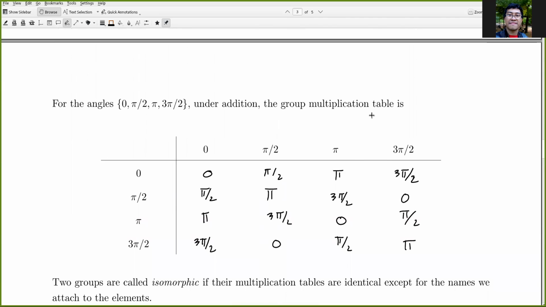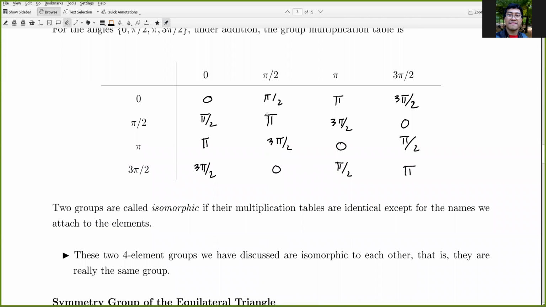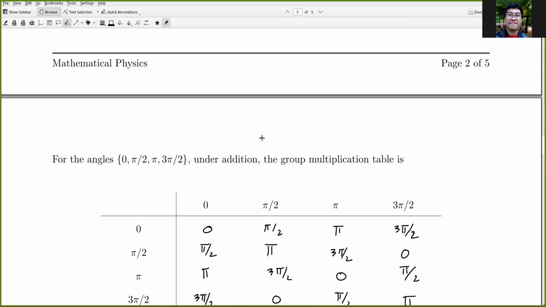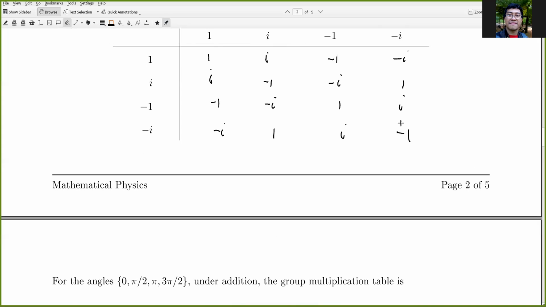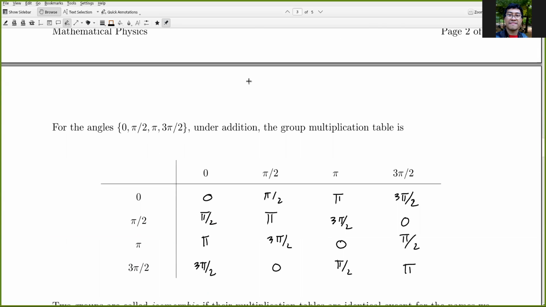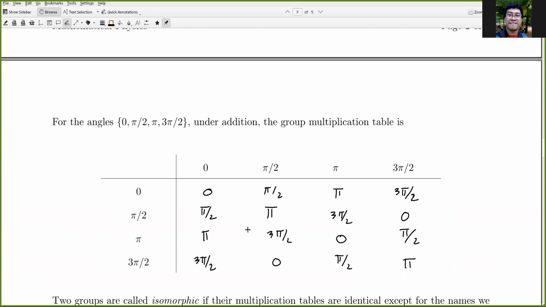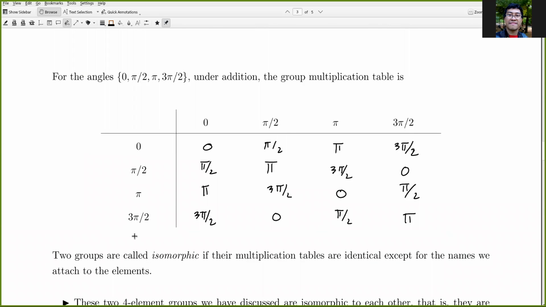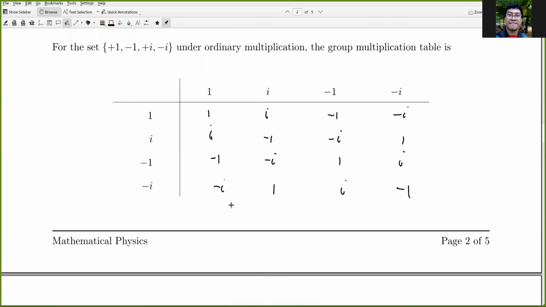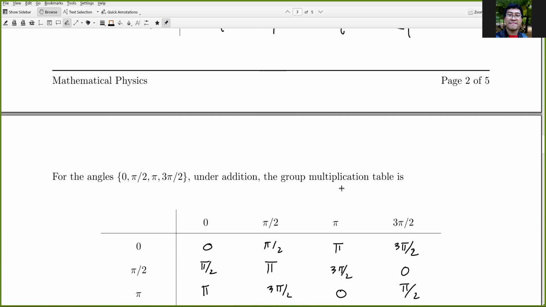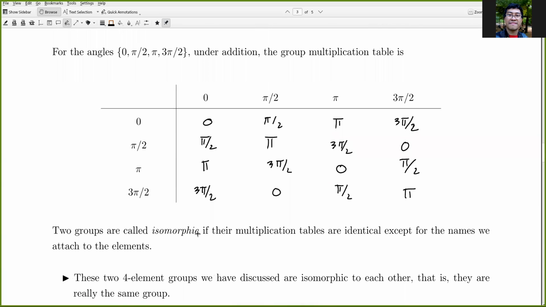So the elements here in this multiplication table have a corresponding element here, and those corresponding elements have the same positions anywhere in the multiplication table. So these two groups that have the same multiplication table are said to be isomorphic.